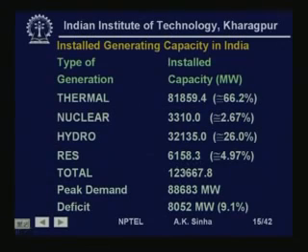So installed capacity was of that order, out of which 81,000 or nearly 82,000 was built up of thermal power plants, around 3,310 nuclear power plants, and around 32,135 in the hydro plants.